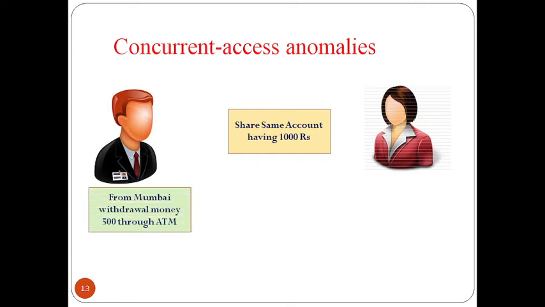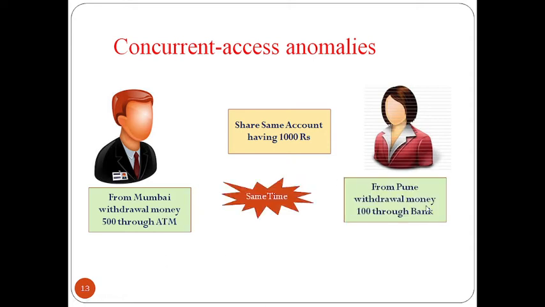For example, suppose these two persons have a shared account with 1000 rupees. From Mumbai, this person withdraws 500 rupees through the ATM, and from Pune she withdraws 100 rupees at the same time. So what will the database state be now?